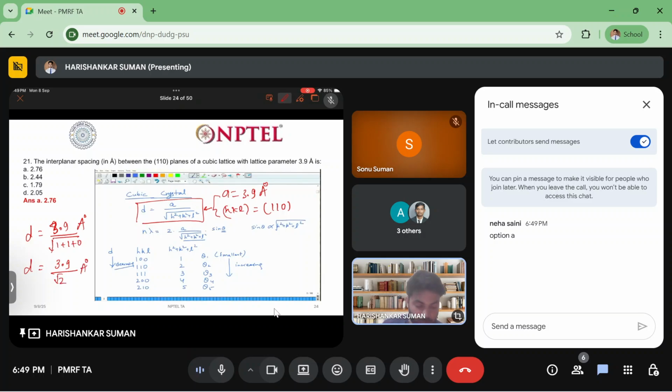Please calculate this. Tell me the answer now. Yes, this will be 2.758 in angstrom, nearly 2.76 in angstrom. Clear to you?